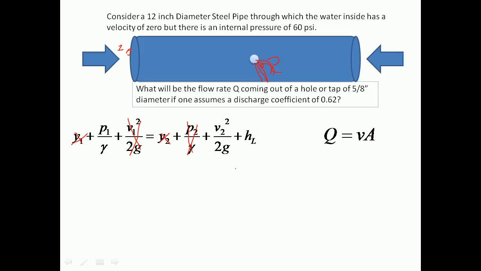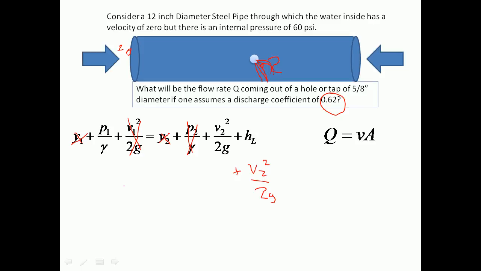If you remember, the head loss is equal to a velocity head, in this case v2 squared over 2g, times some coefficient. In this case that coefficient is 0.62. So you can immediately see that essentially this is a square root of 2gh problem, and eventually it's just the square root of 2gh times the discharge coefficient.